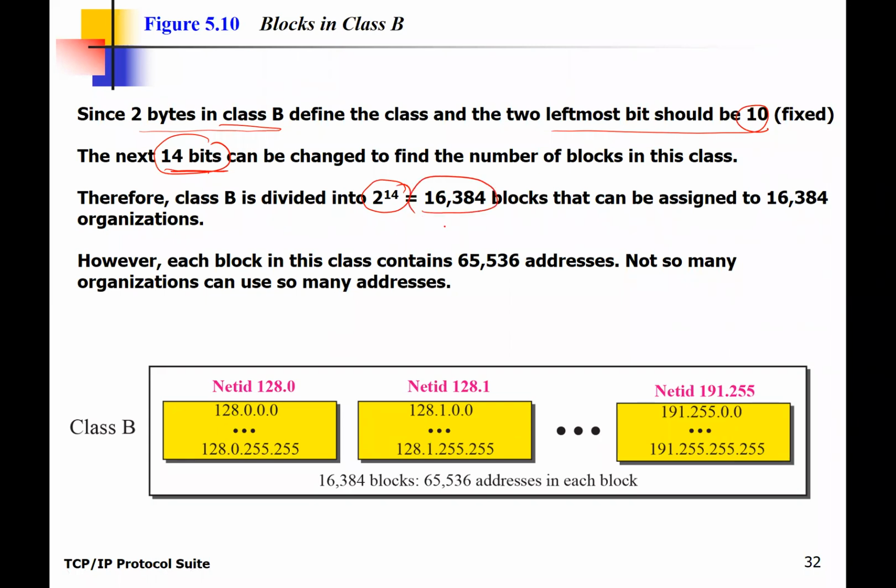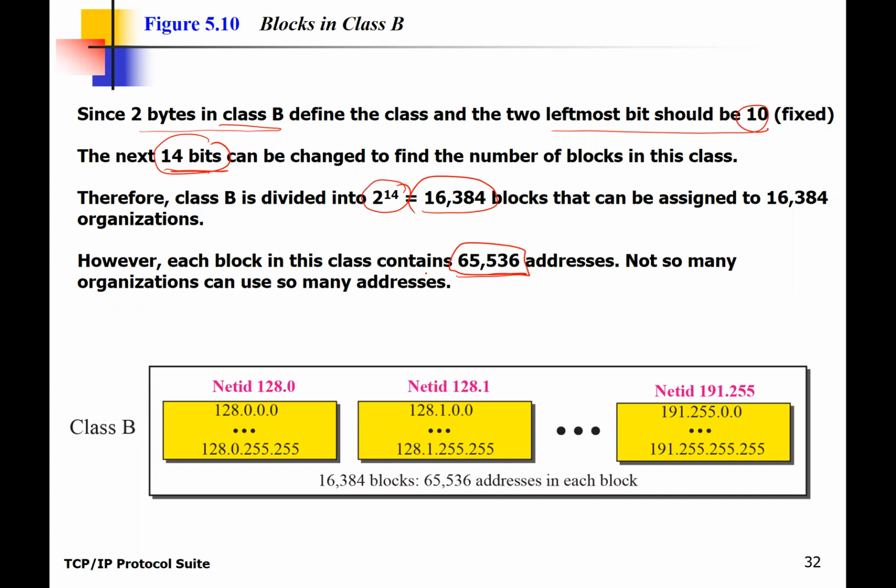So there is an improvement. How many networks did we start with in class A? We had only 128 networks. Now, how many do we have? 16,000 plus. Okay. And each network, how many hosts can you have? 65,000 plus. Okay. Still, do you think there is a company that has 65,000 hosts? Maybe. I don't think so, but maybe. But there is an improvement.